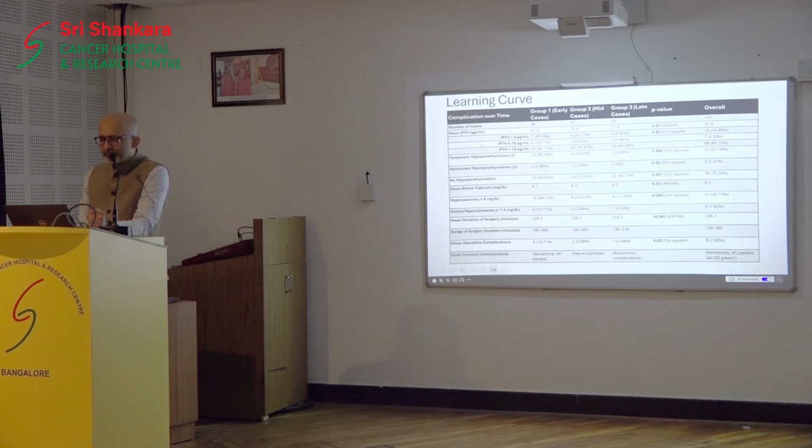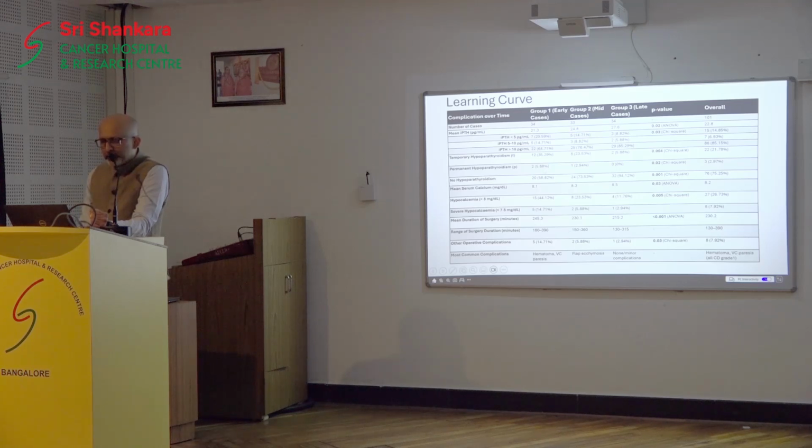If you look at this, our transient hypoparathyroidism, that is the below 5 group, has significantly come down over these numbers. The last, third group had only 3 cases which had hypo. And this was a significant difference. Other groups don't have any statistical significance as such.